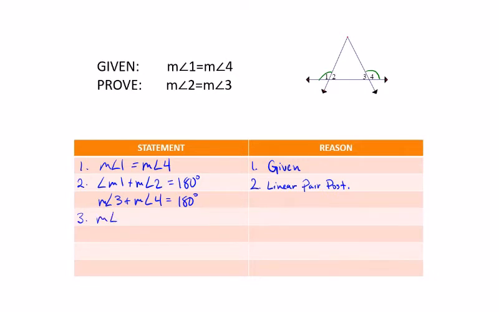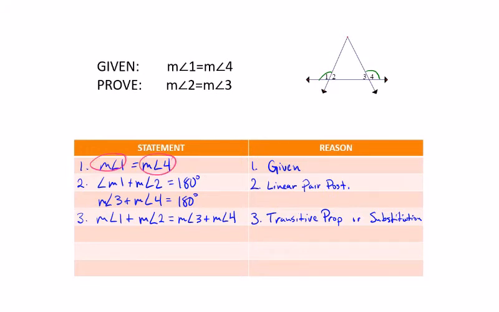So the measure of angle 1 plus the measure of angle 2 must equal the measure of angle 3 plus the measure of angle 4, right? So I'm going to say transitive property, but you can also say substitution. All right, so now that we know those two are equal, we can subtract equal value from both sides, right?